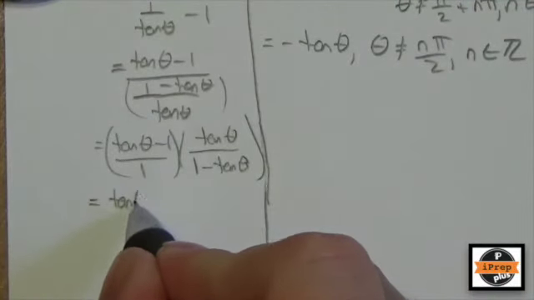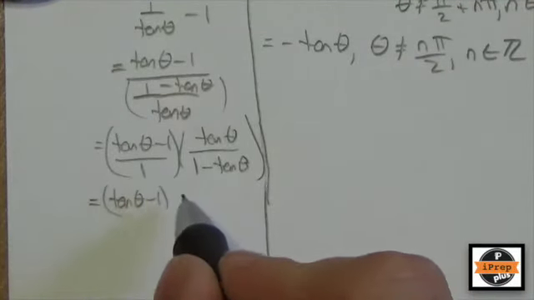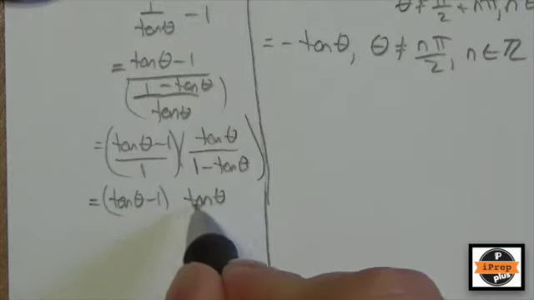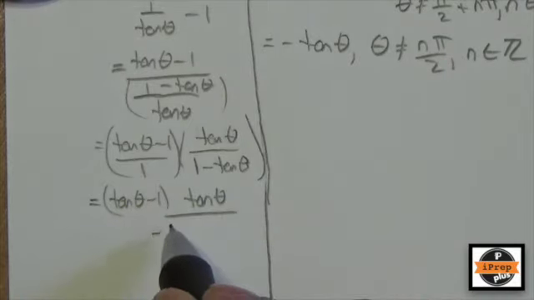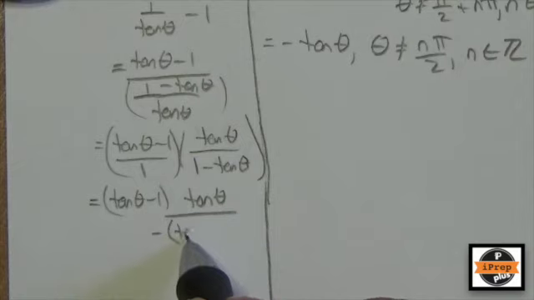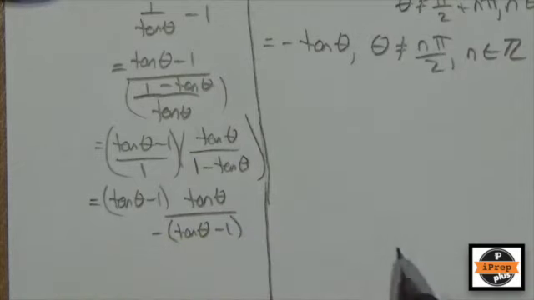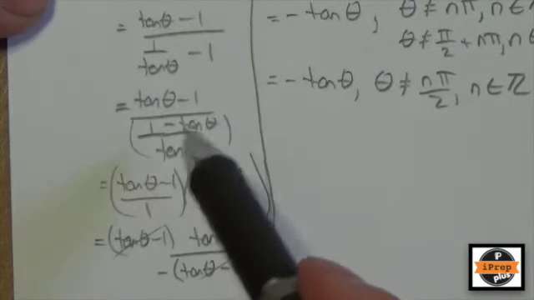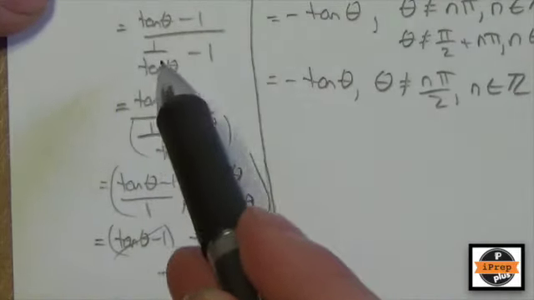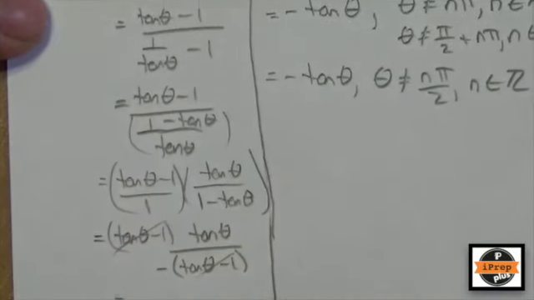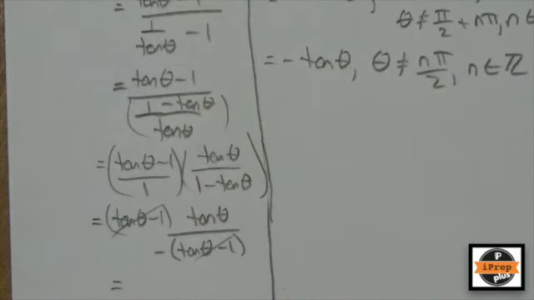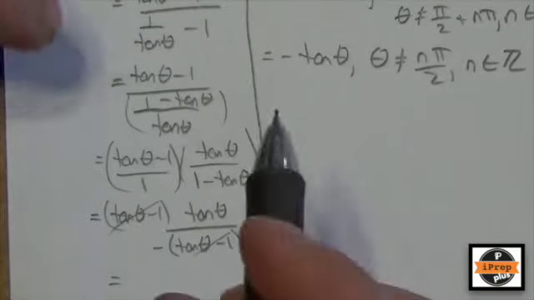So this is like the tangent of theta minus 1 multiplied by the tangent of theta. I'm going to factor a negative out of that, and what that'll do is make that tangent positive, make the 1 negative. And now those will cancel. So really, once I got past the reciprocal identity here, this has all been about just that little bit of algebra work here.